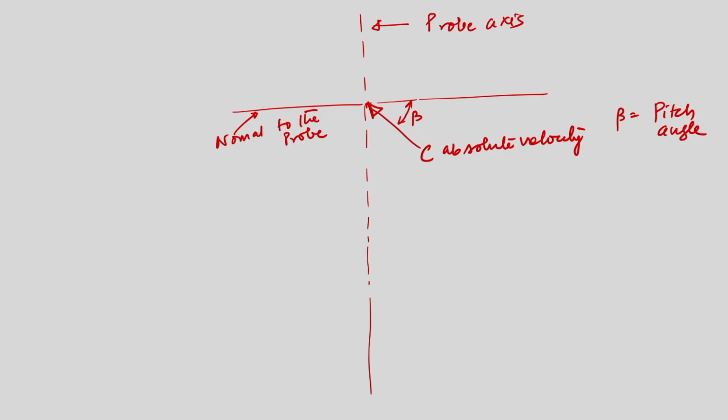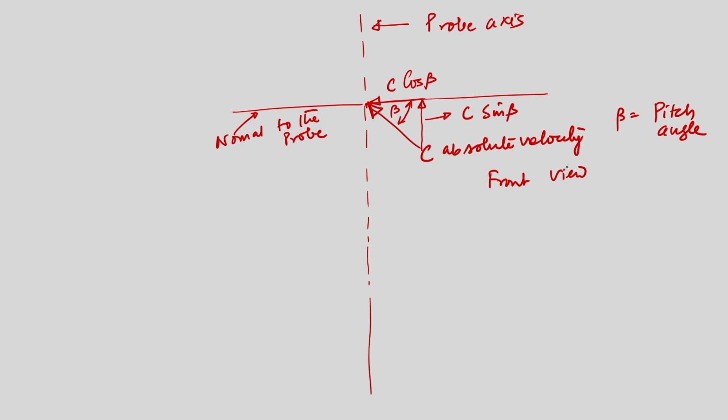So, this is absolute velocity C at angle beta. Now, this component is c sin beta, and this component is c cos beta. So, this is the front view.